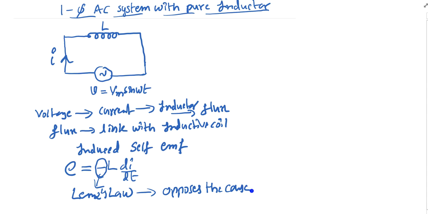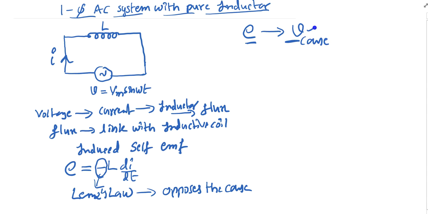Suppose in this electrical network, my induced EMF E is produced because of the applied voltage. This induced EMF will oppose this cause. That is the meaning of Lenz's law.